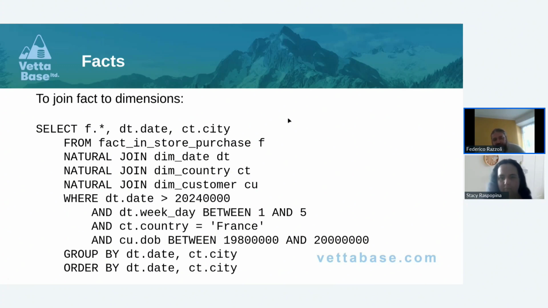And then we might have count, which will be the number of purchases that have been made by date and by city. Or we might want to sum the money spent, or show the average, or even the maximum and minimum if they have meaning for us. So yeah, this is what I mean by aggregating the data. Make sense? I hope so.